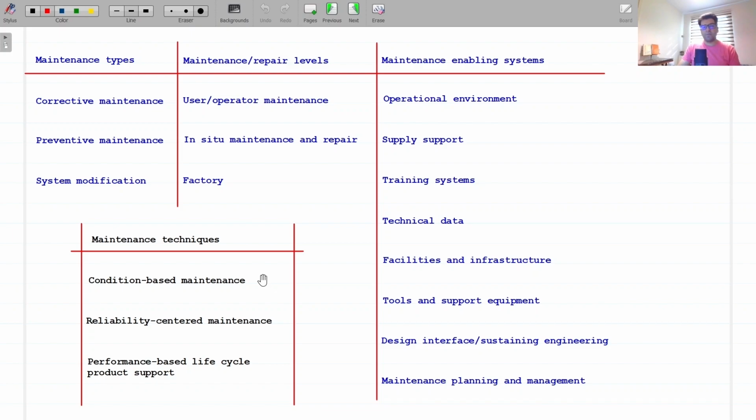Reliability centered maintenance, or RCM, is a cost effective maintenance strategy to address dominant causes of equipment failures supported by failure modes, effects, and criticality analysis, or FMECA, and fault tree analysis, or FTA.